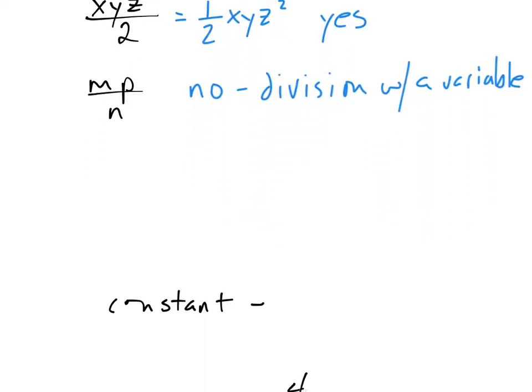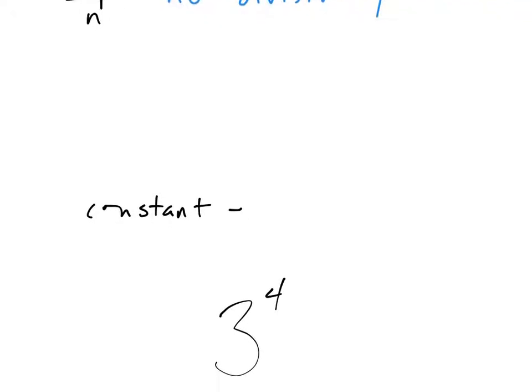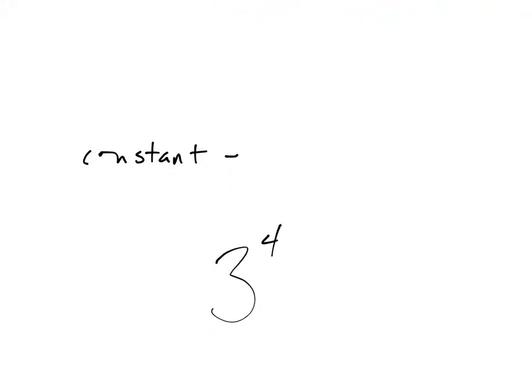Now, let's talk about constants. What is a constant? Does anyone remember what a constant is? Something that stays the same. Yes. That's the definition of constant. What about in math? What is a constant in math? There's no variable, right? It's just a number.